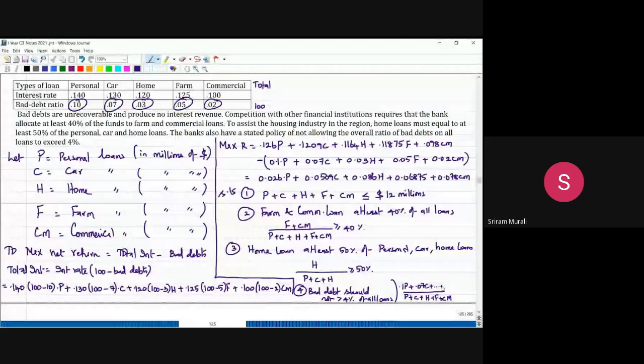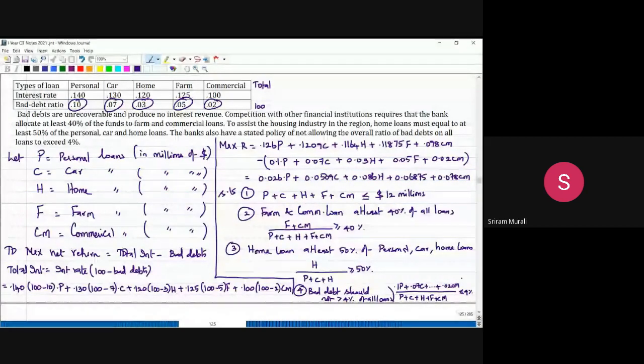What is the last one? 0.02 times CM should be a maximum of 4% of all loans. So this is the last constraint.